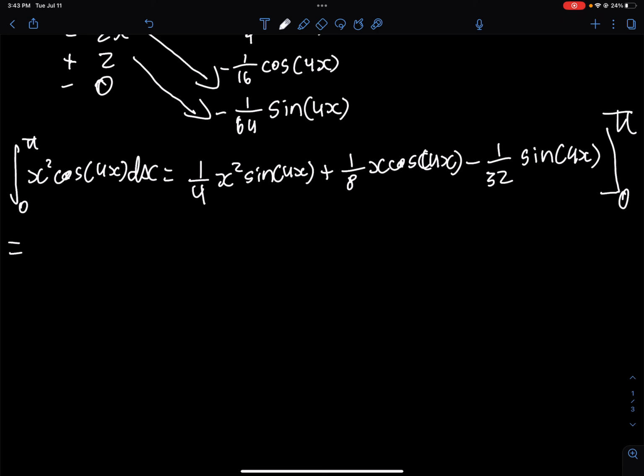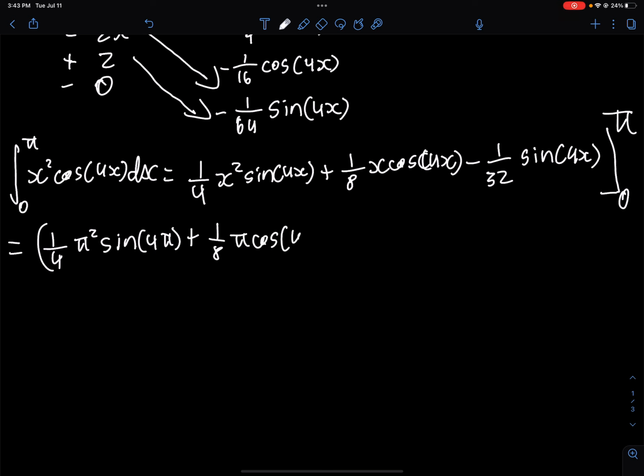So here we have 1/4 of pi squared, and then we have a sine of 4 times pi, sine of 4 pi, plus 1/8 of pi multiplied by the cosine of 4 pi, and now we subtract 1/32 of the sine of 4 pi. And now we have to subtract, by the fundamental theorem of calculus, this result minus plugging in the lower bound.